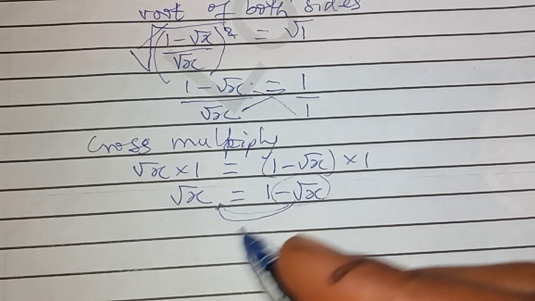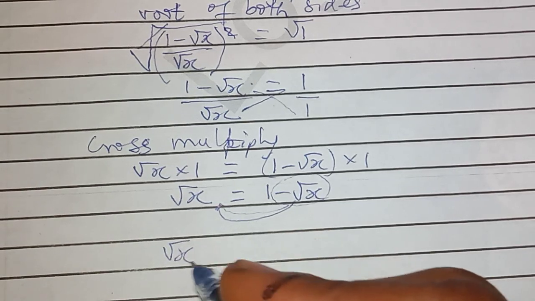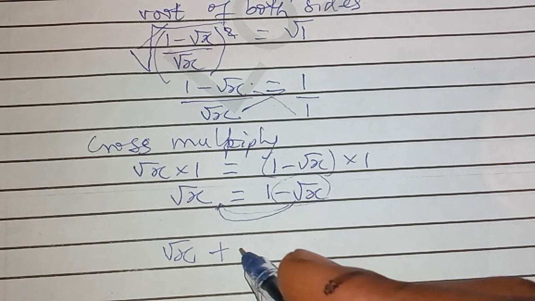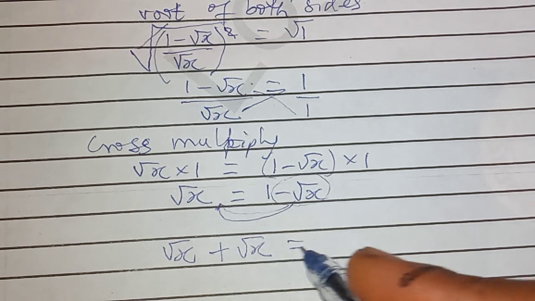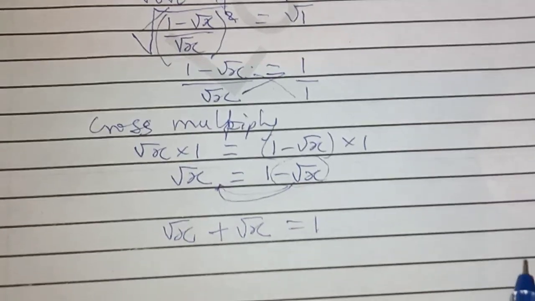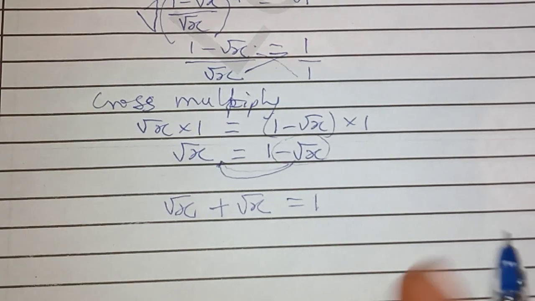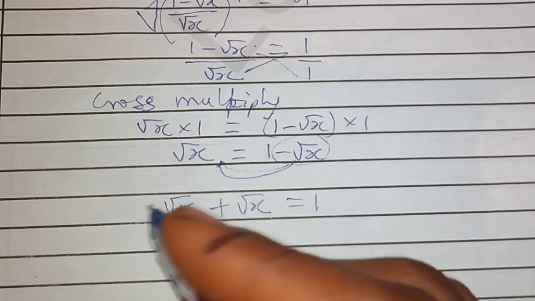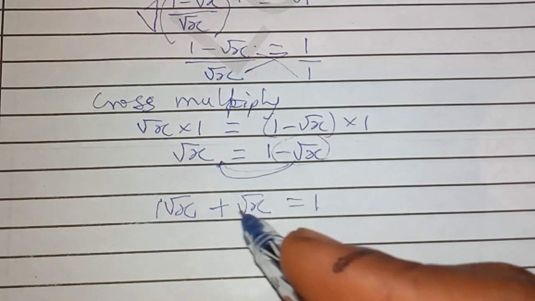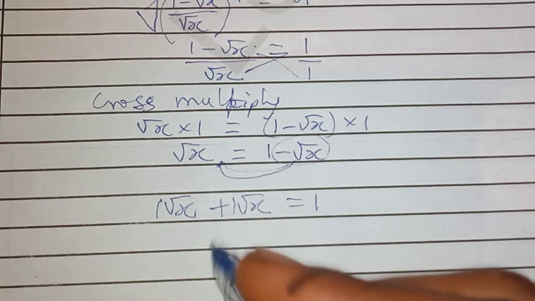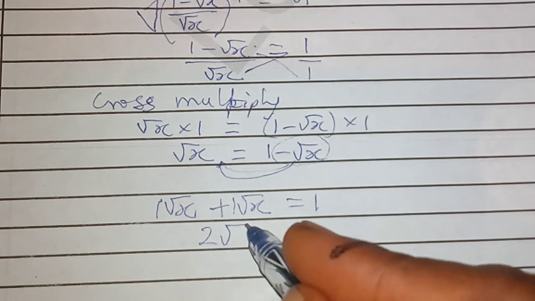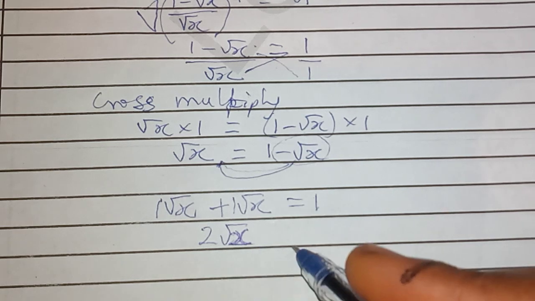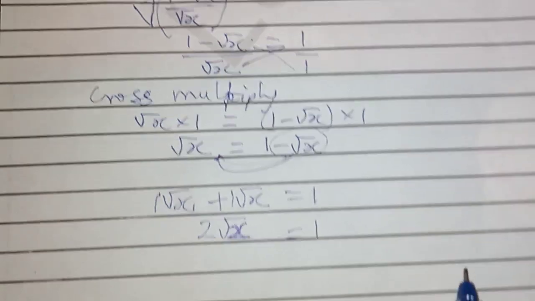So we are going to have square root of x, which is already here, plus square root of x, which is equal to 1. Square root of x plus square root of x is going to give us 2 root x, equal to 1.